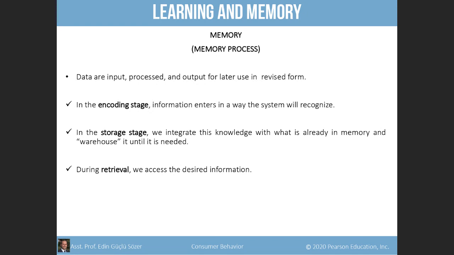In the retrieval stage, when we need this information about the product, for example, we call back this information from our memory to understand or to compare the optional products, etc. So this is the case.